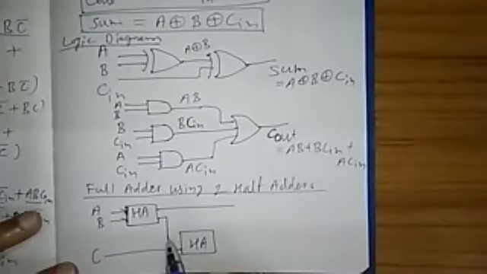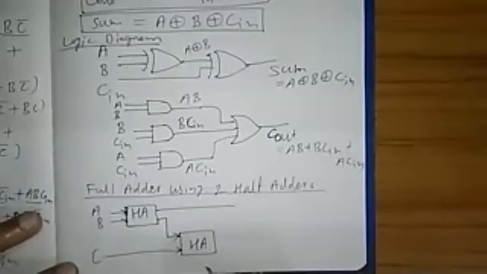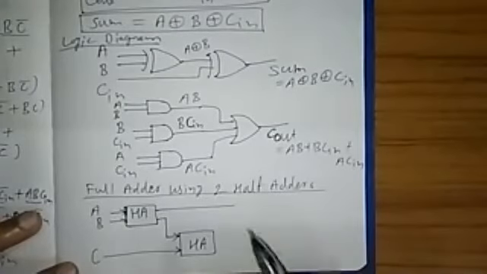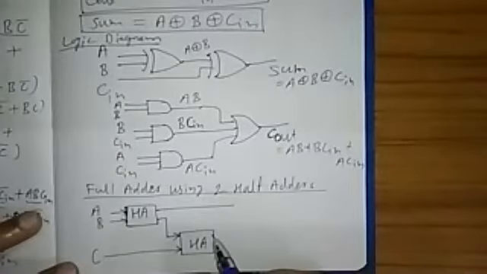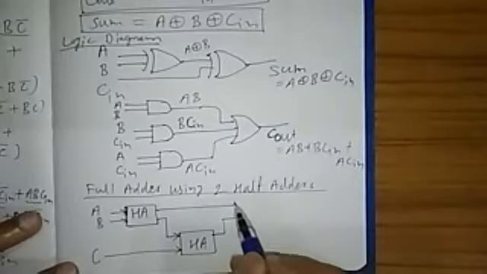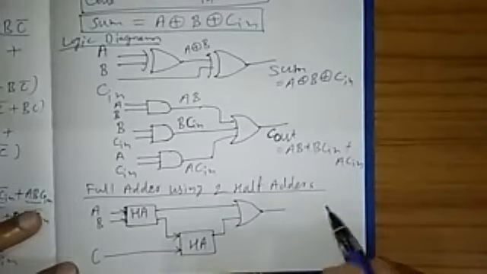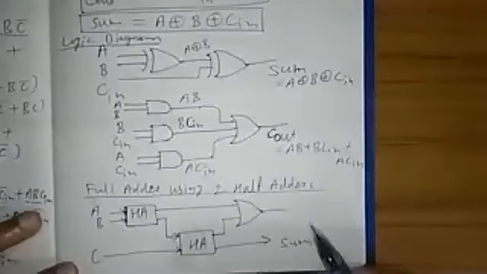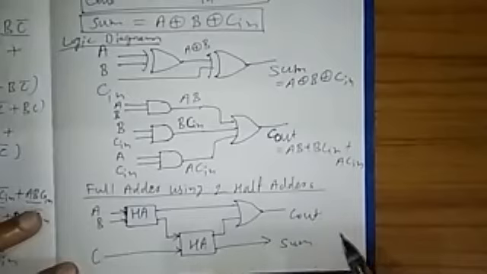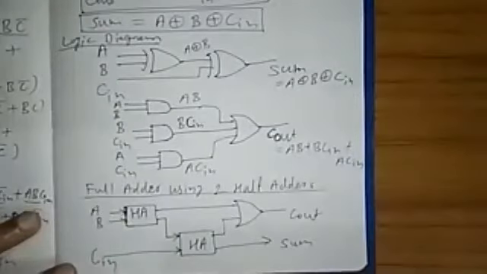Therefore this can be given here, and the outputs will be sum and C out. This is Cin, I can say.